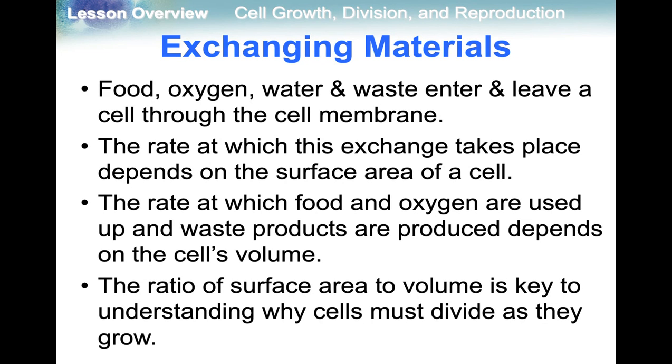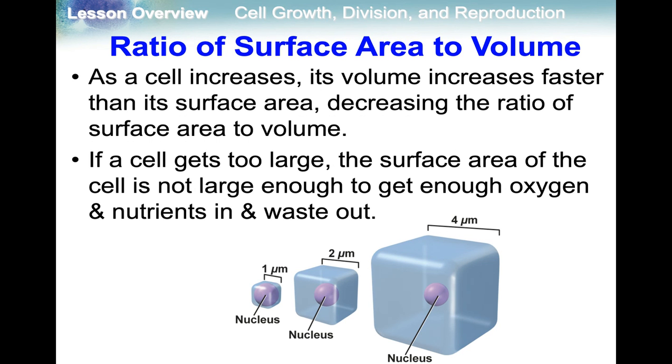Remember, one of the first things we talked about in our cell chapter was that small cells simply work better and they work more efficiently. And this is what we're talking about. Why they work better all comes back to this ratio of surface area to volume. As the cell increases, its volume increases faster than its surface area, decreasing the ratio of the surface area to volume.